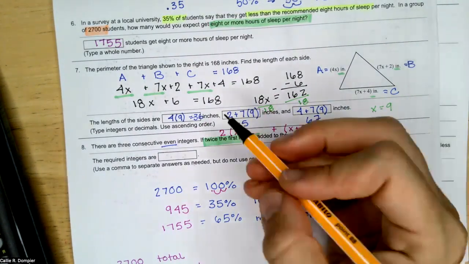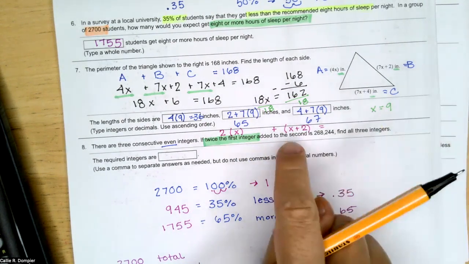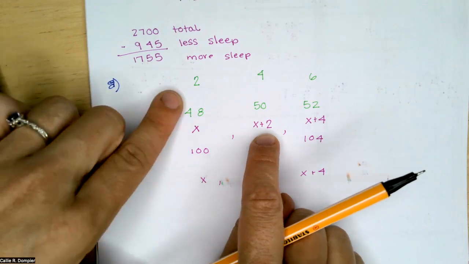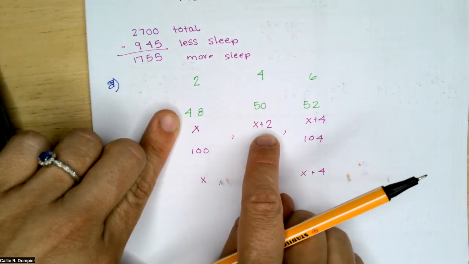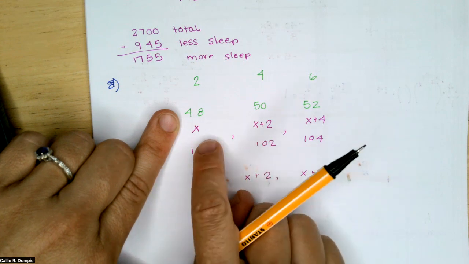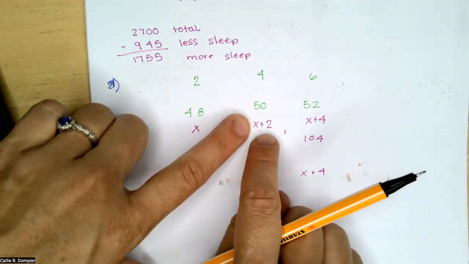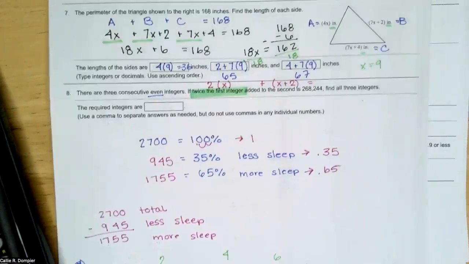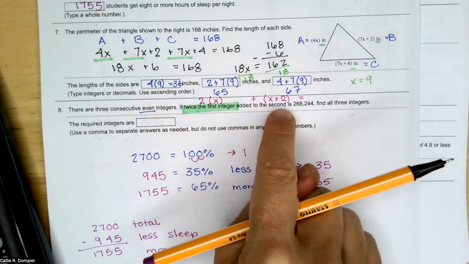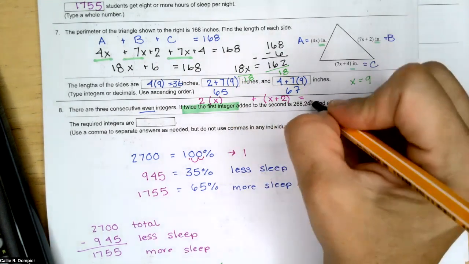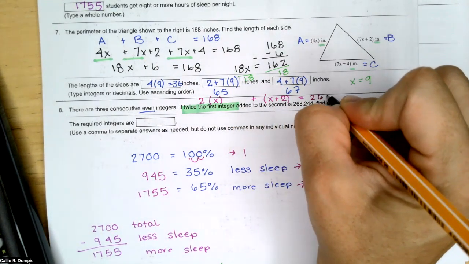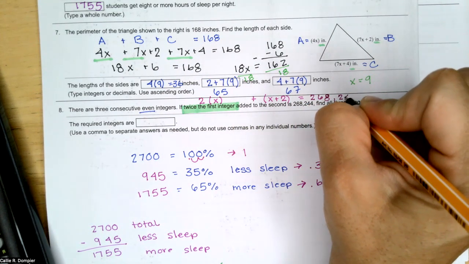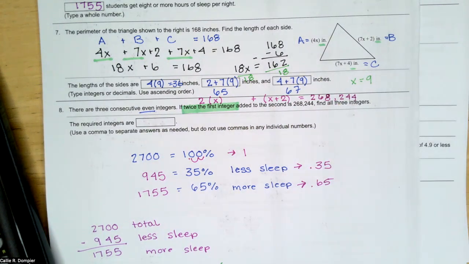Any second number is just going to be, I added 2 to the first number. Right? This is the first integer. I'm going to add 2 and get the second integer. I'm going to add 4 and get the third integer. Twice the first integer added to the second integer is 268,244. Find all 3 integers.